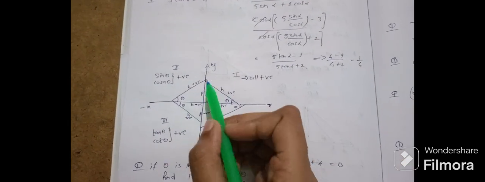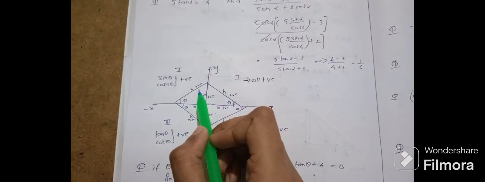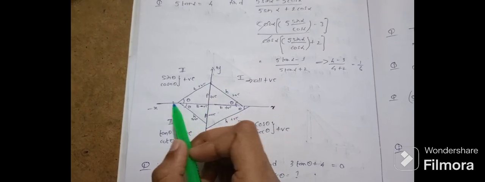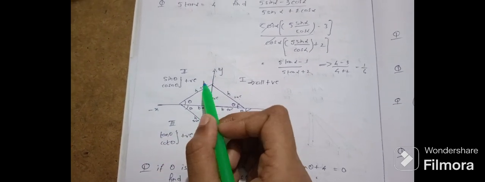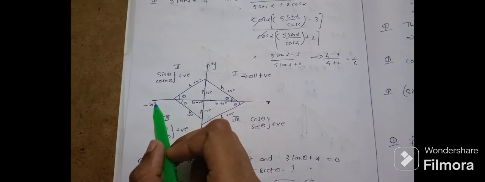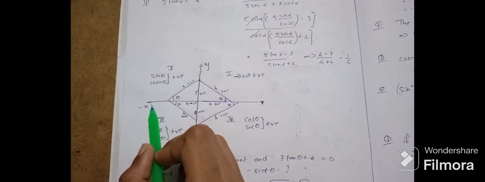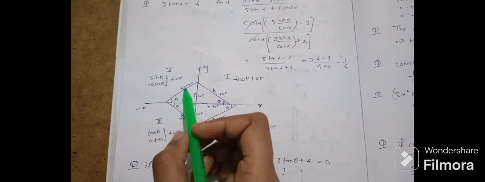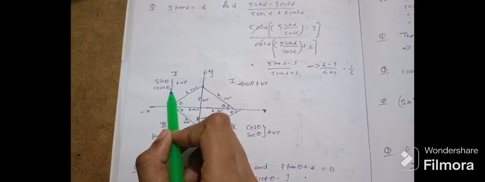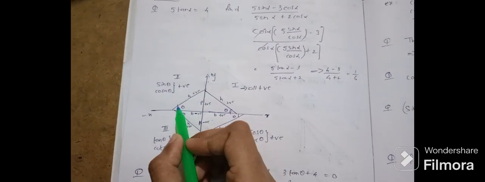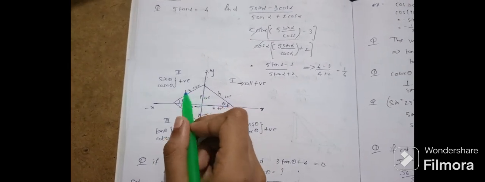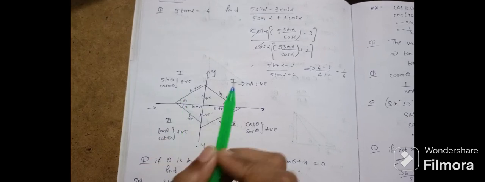But coming to the second quadrant, this triangle is formed based upon the positive y-axis and negative x-axis, and we have the hypotenuse positive. As there is a negative x-axis included here, we will not get all the values positive. Only sine theta and cosecant theta will be positive, because sine theta equals opposite side by hypotenuse, both are positive, so we get a positive.